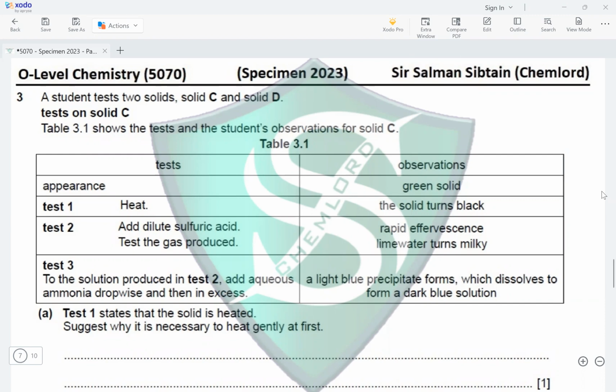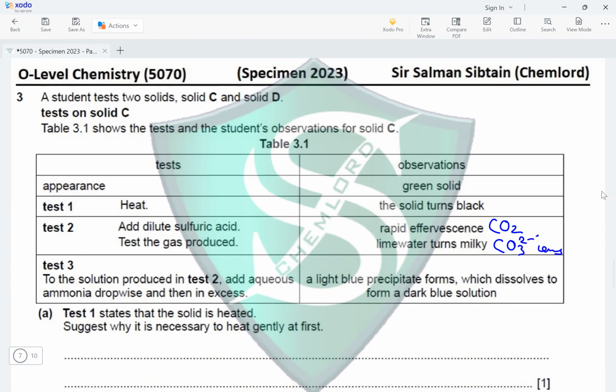Rapid effervescence. If you're getting effervescence on addition of an acid, most likely this effervescence is CO2. Now test the gas produced. Lime water turns milky. It is confirmed that this is CO2, and because CO2 is released, that means our salt contains carbonate ions.